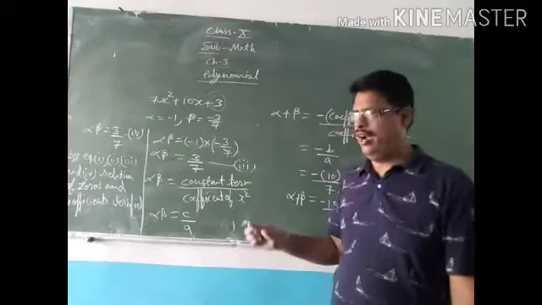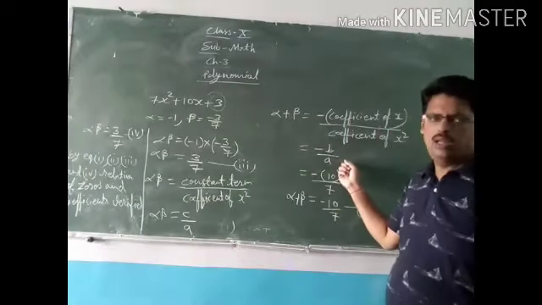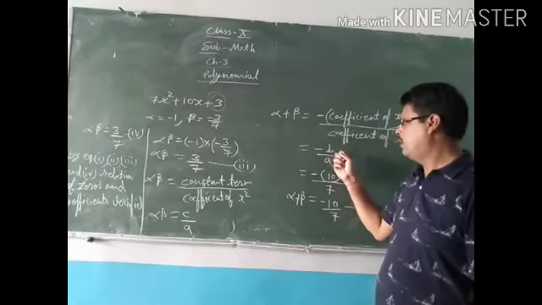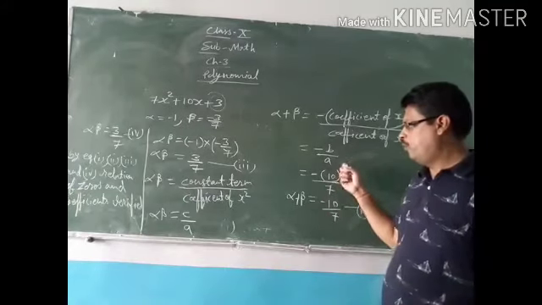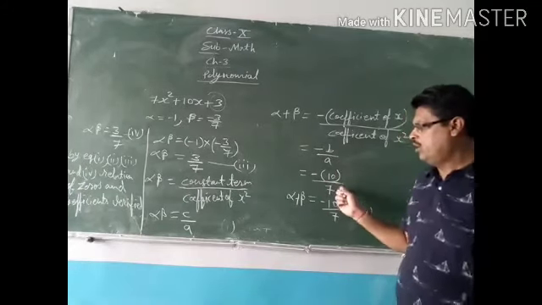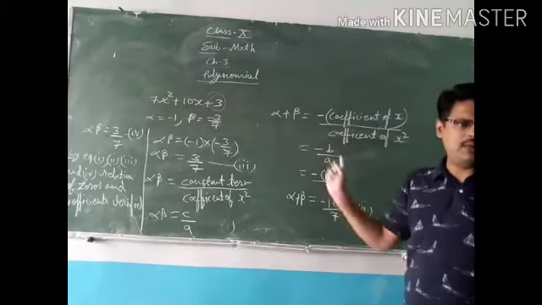Then we saw that alpha plus beta is equal to minus b upon a, coefficient of x upon coefficient of x square. So we have put the values in this, and it has come minus 10 upon 7, same as it is.